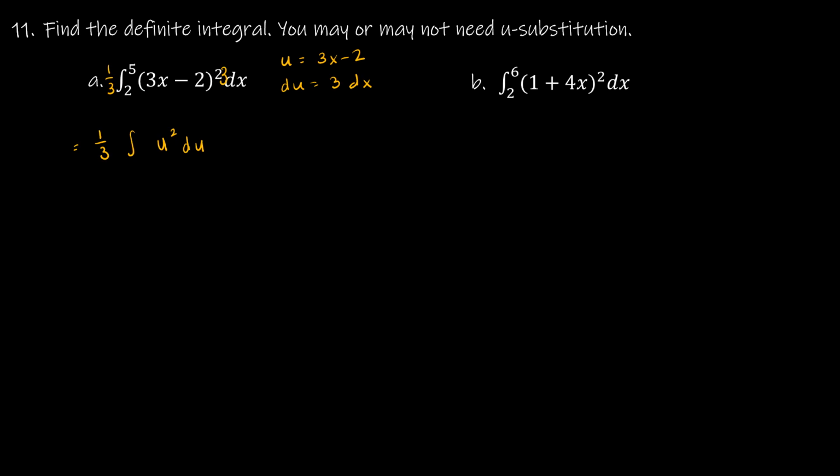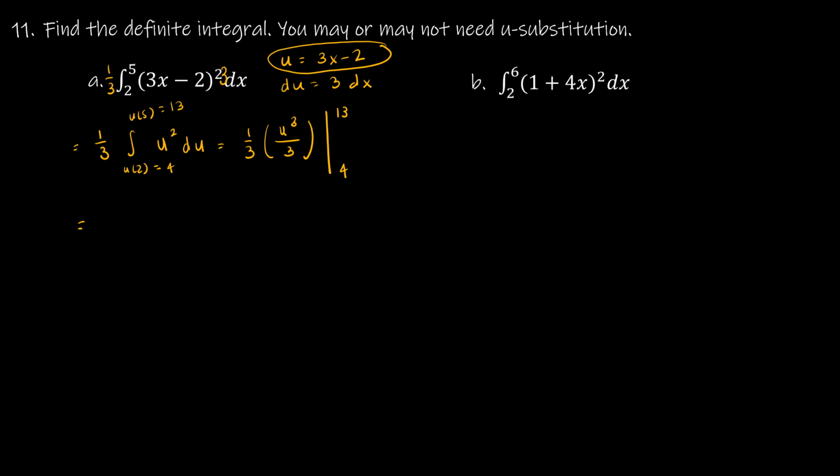But now it's not really going from 2 to 5, it's going from u of 2 to u of 5. But let's go ahead and integrate. So I've got 1/3, and then I'm integrating u squared, which gives me u cubed over 3. And now not plus c, but from u of 2 to u of 5, which means use u and plug in 2, so 3 times 2 is 6 minus 2 is 4, and then u of 5 is 3 times 5, or 15 minus 2, which is 13.